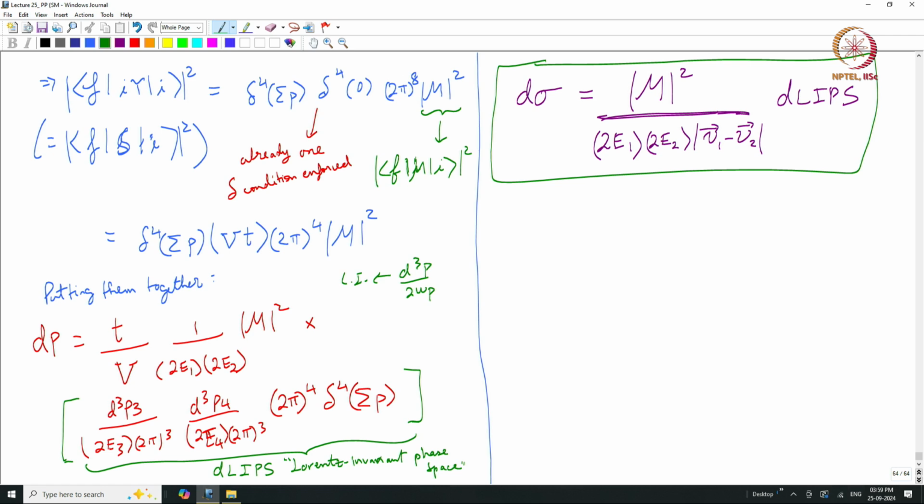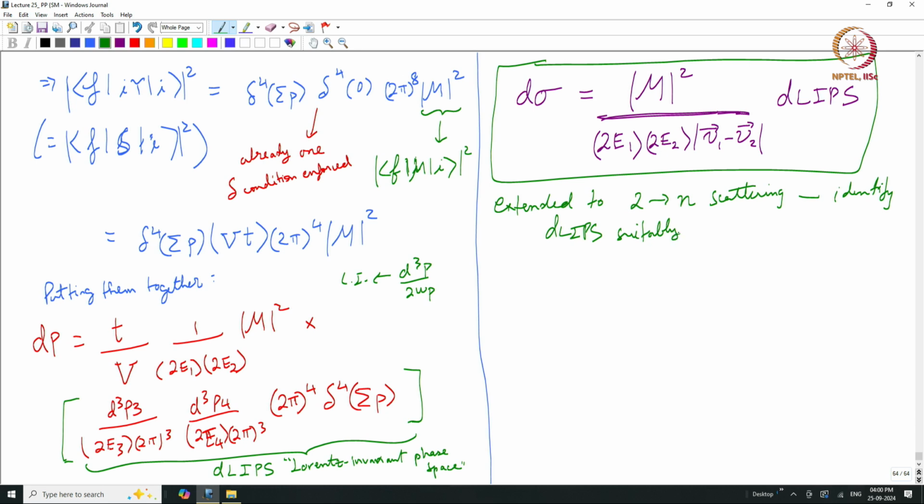Okay. Now, this can be easily extended to 2 to n scattering. How? Just identify dLIPS correctly, suitably.